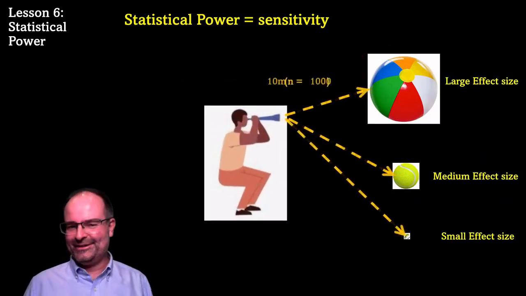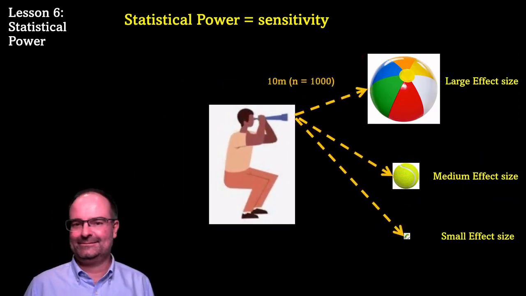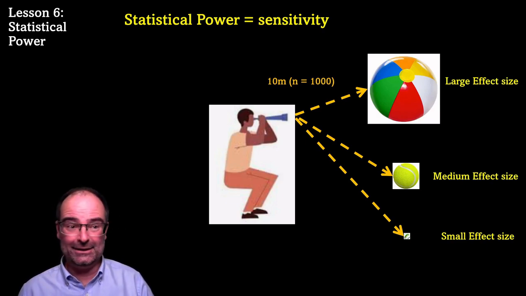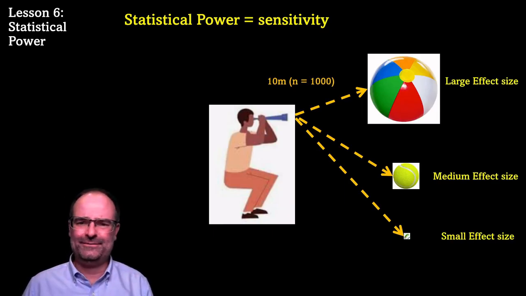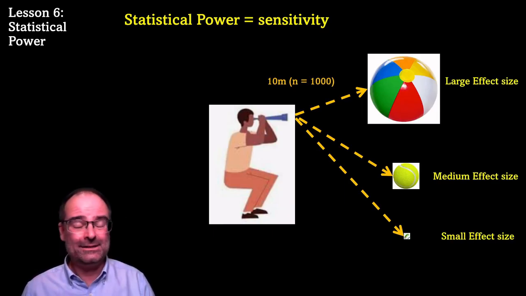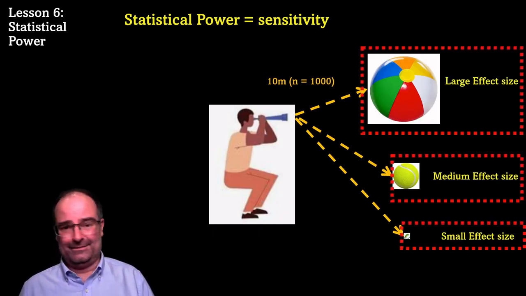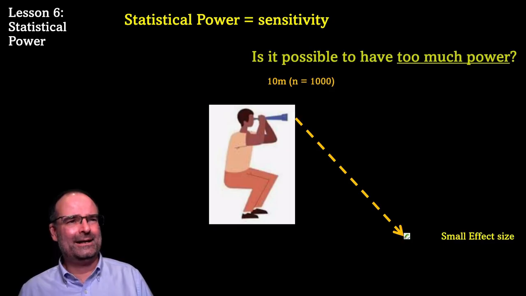If you're right on it though, then yeah, you're going to be able to detect that marble if you're 10 metres away. Notice how the sample size is now 1,000 participants. If you were looking for a really small effect but you had 1,000 participants, you'd probably be able to find it. And you'd find all of the effects at that.